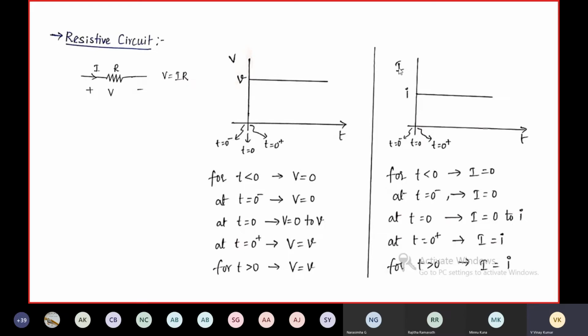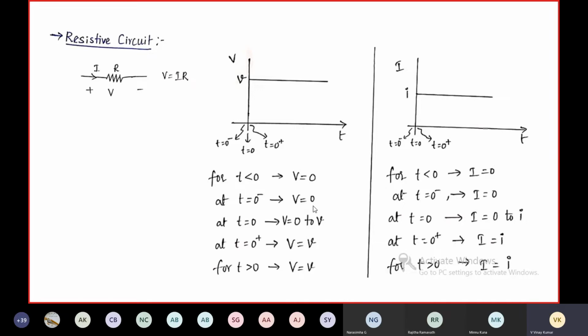Coming to the current I, it is the same. For t less than 0, it is 0. At t is equal to 0 minus, it is 0. At t is equal to 0, it is changing from 0 to I. At t is equal to 0 plus, I is equal to I. For t greater than 0, I is equal to I. For t less than 0, if voltage is 0, current is 0.